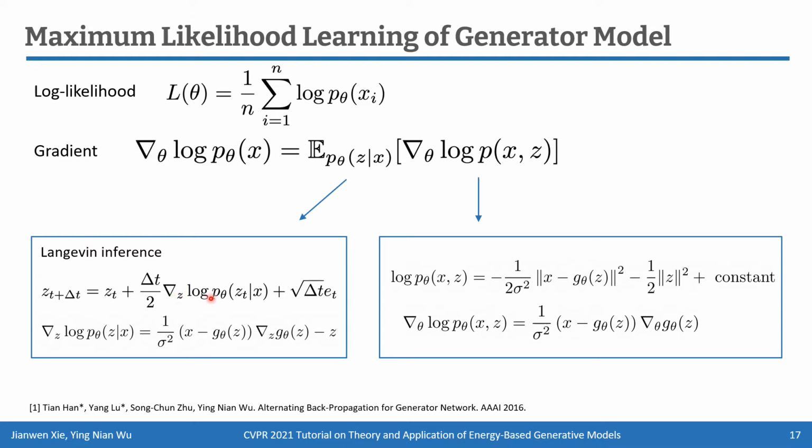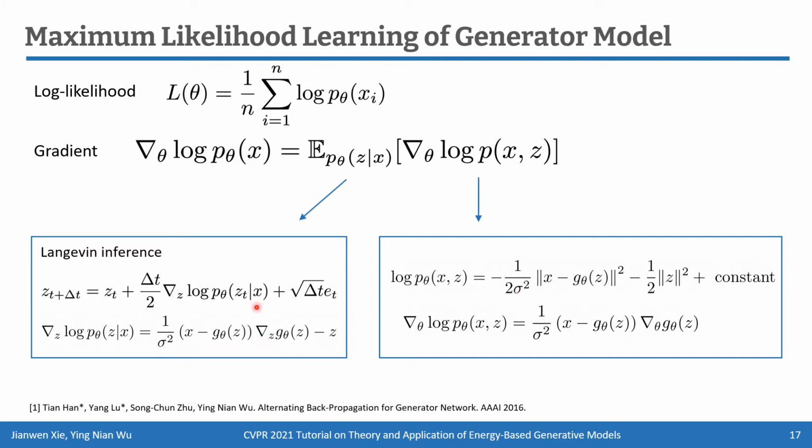So the gradient of this log posterior with respect to z is actually the same as the gradient of the log of the joint density with respect to z, because they only differ by this log of p theta x, which has nothing to do with z. Okay, so this is the form for the log of the joint density.